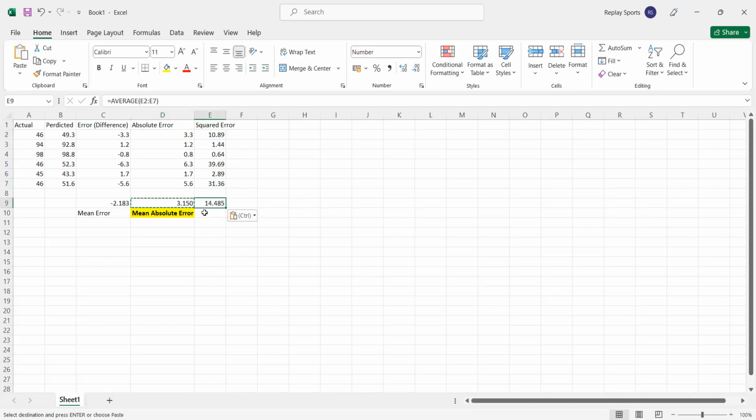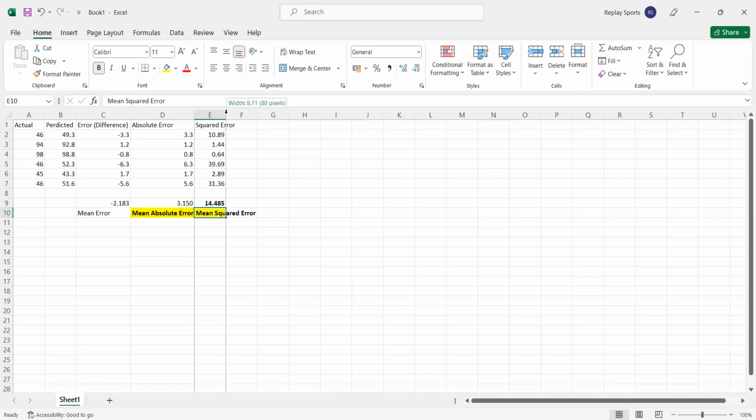Now you find the average of this. What shall we call this? Mean squared error. Yes. And what do we call this in statistics?